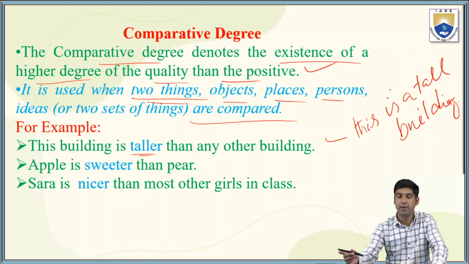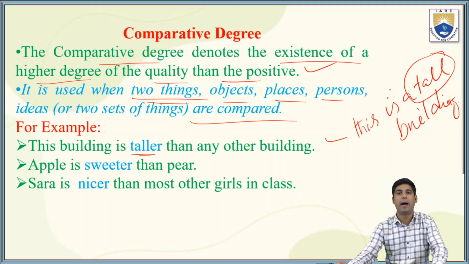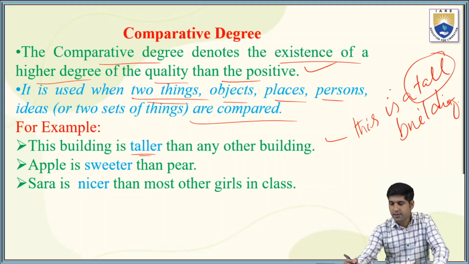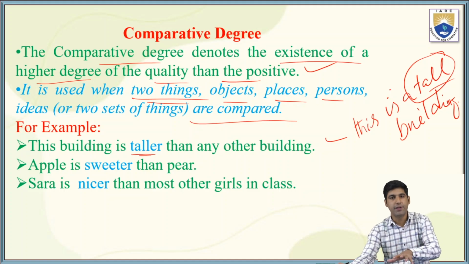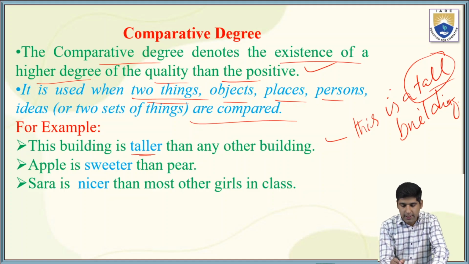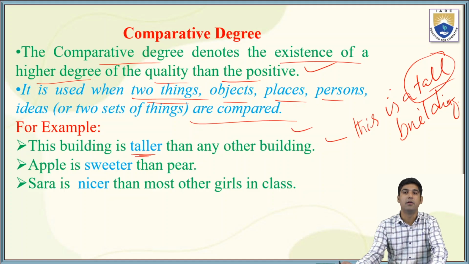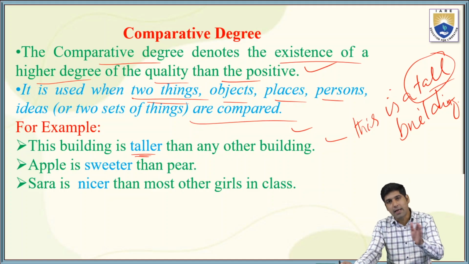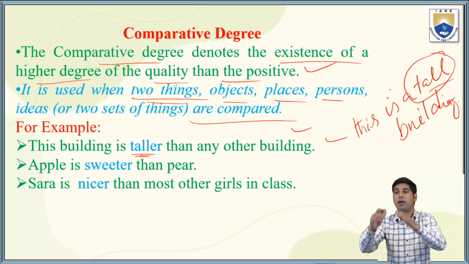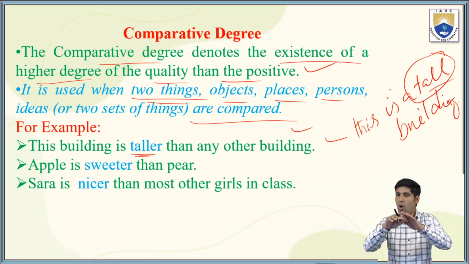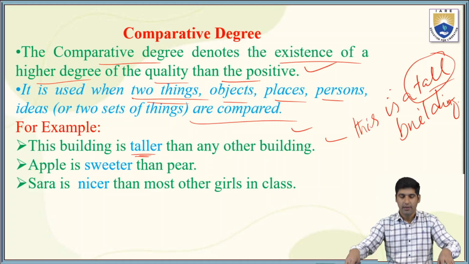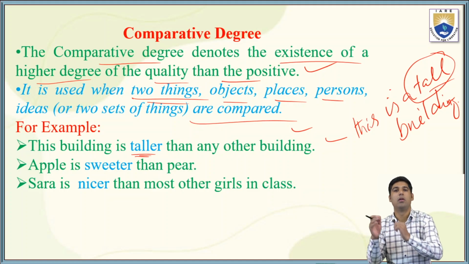No comparison can be shown by the word tall. Why? Because this tall here is the adjective in its simplest form. When an adjective is used in its simplest form, it doesn't show any comparison. Now here, see, this building is taller than any other building. What is the difference between these two sentences? This sentence again tells us that this building is tall, but right now it tells us it is taller than any other building. Means all the other buildings which are present there, this one is taller than them all.